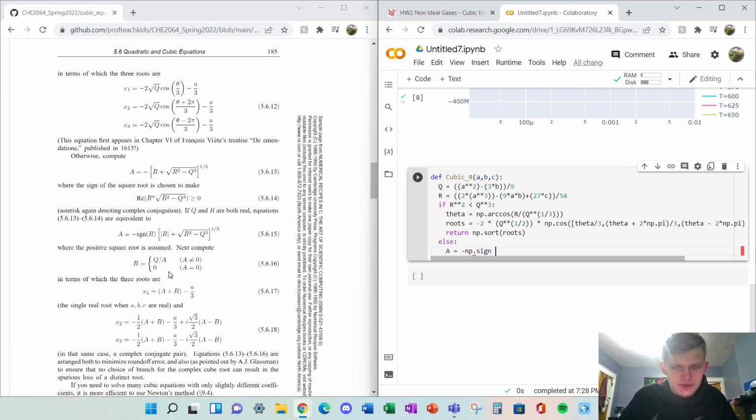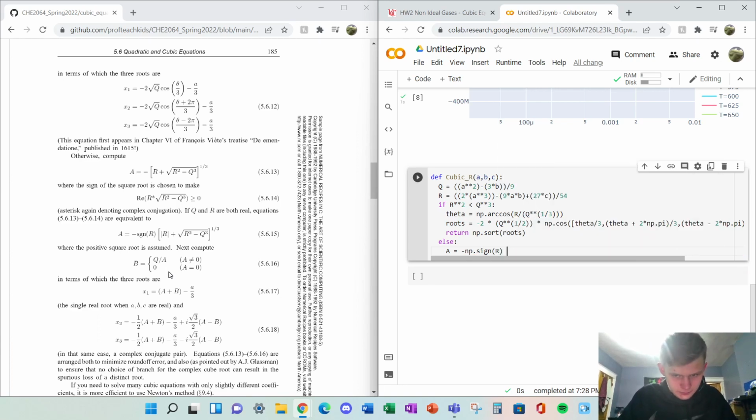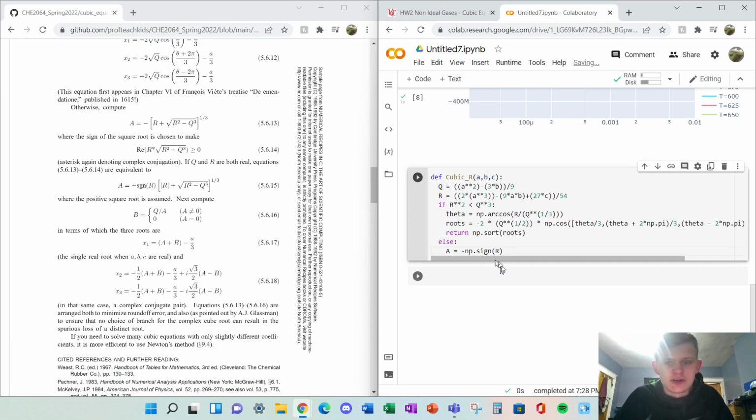numpy function of sine of r. And this sine function that we're using in Python, or in Code Laboratory, excuse me, is just going to give us either a -1 or a 1. It just wants the sine of r.